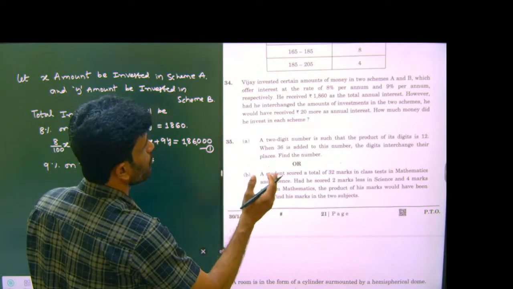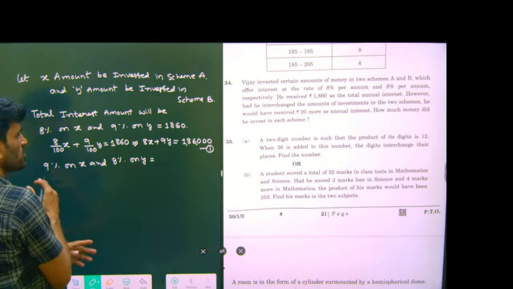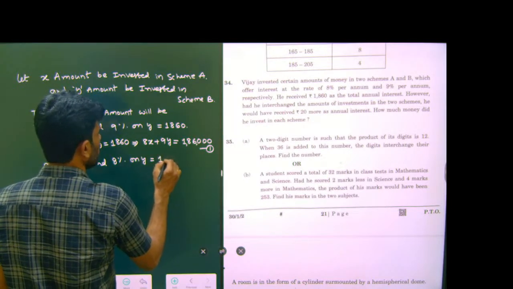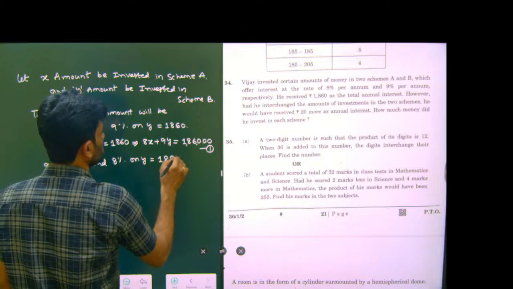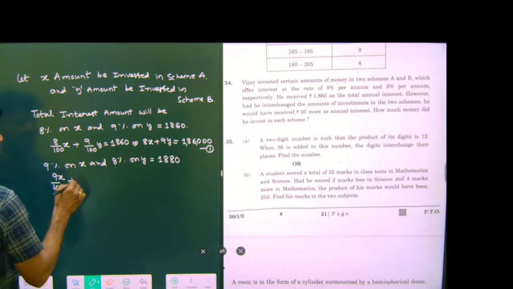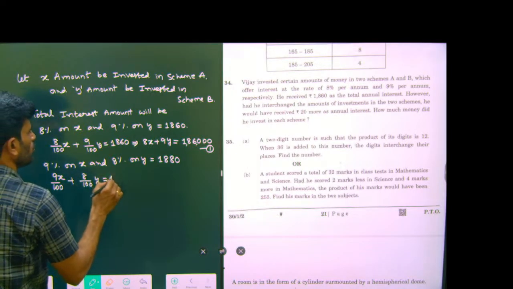Then the total amount will be 1880 rupees. In this case, the equation we get is 9 by 100 into X plus 8 by 100 into Y is equal to 1880.